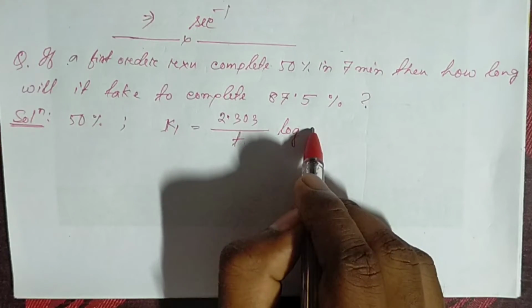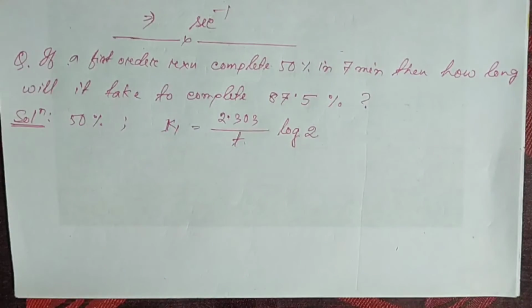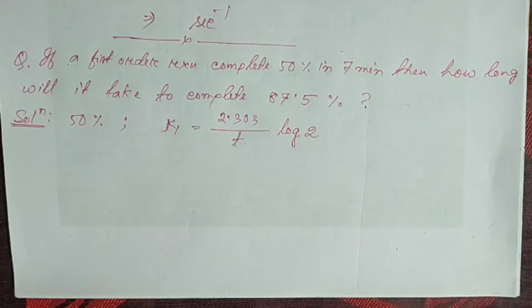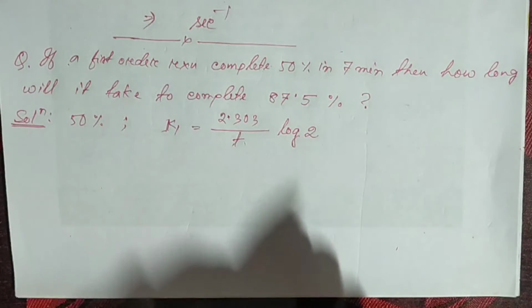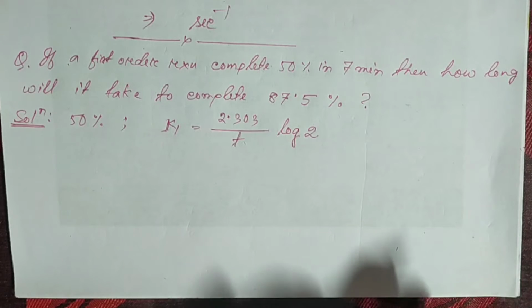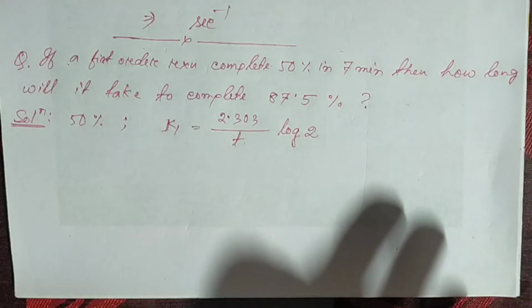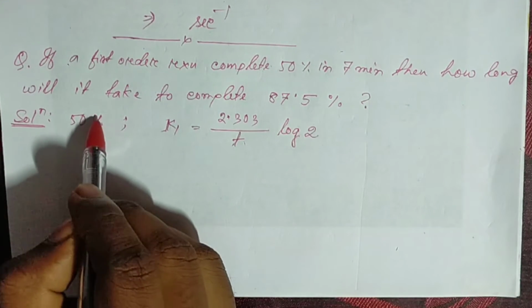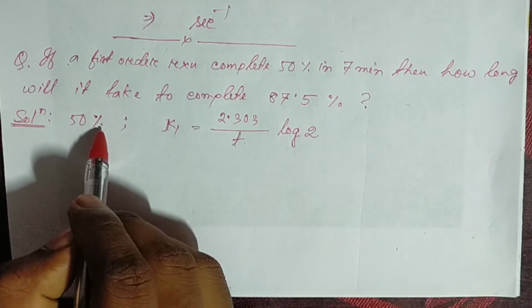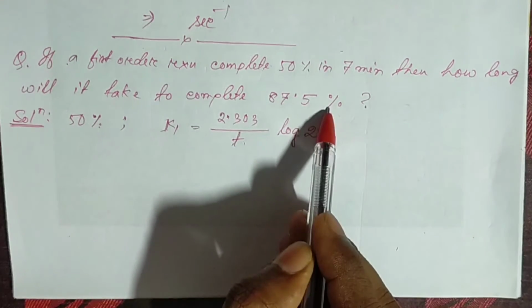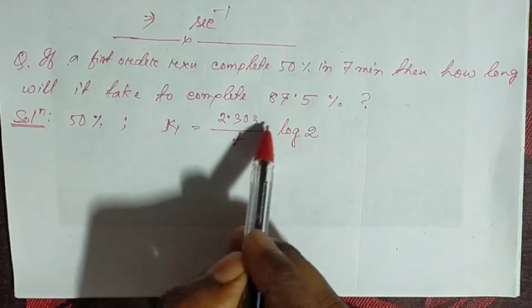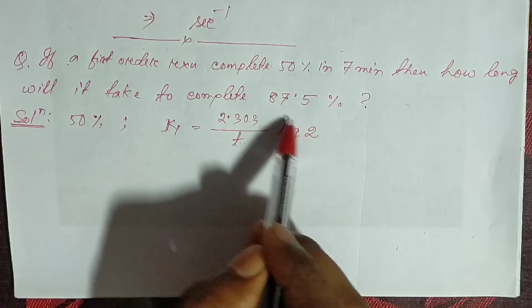The rate constant will be the same throughout the entire reaction, whatever the time. So whether it is 50% or 87.5%, the rate constant will be the same. So we can put this k1 value.